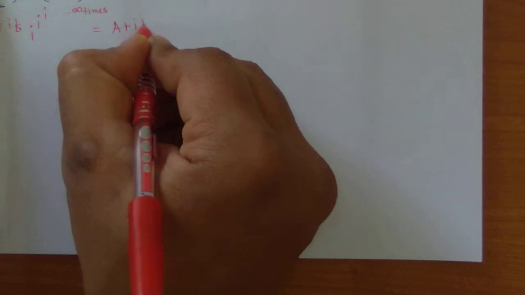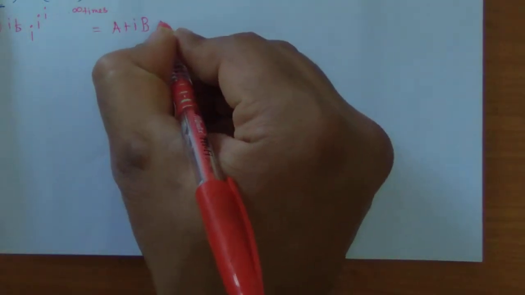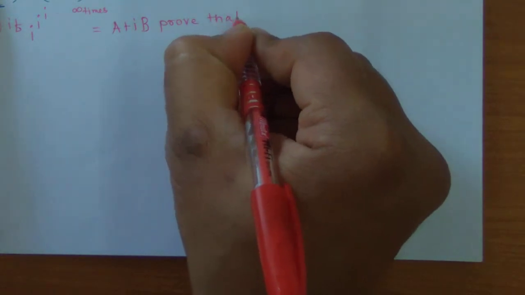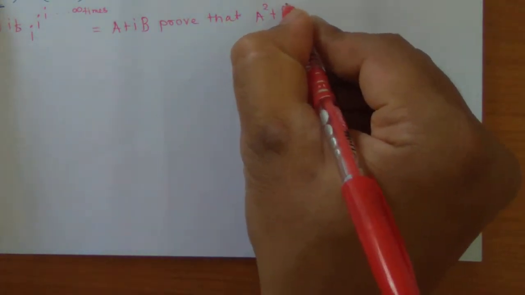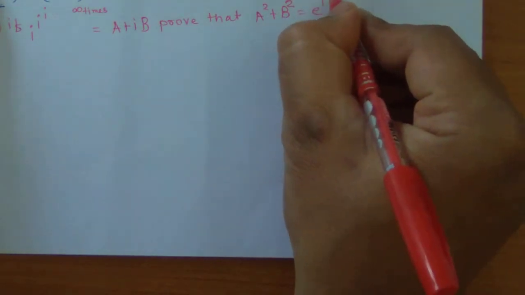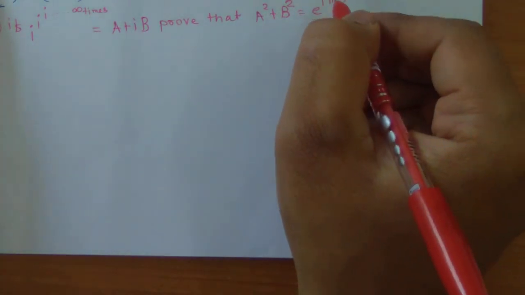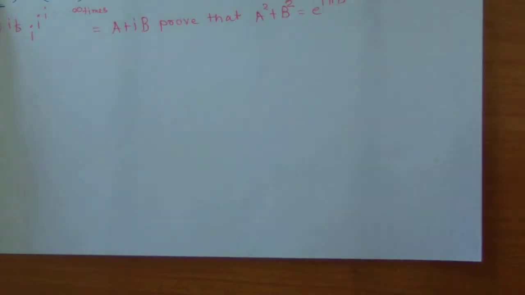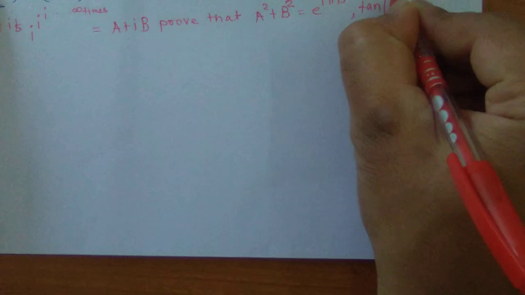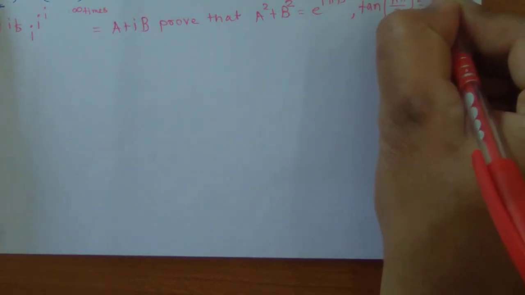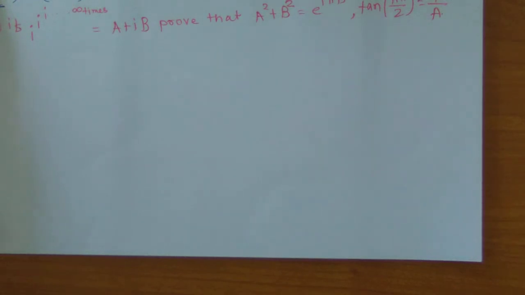The example is, if i raised to i and so on up to infinite powers, so we call it infinite times, is equal to some complex number a plus ib, then prove that a square plus b square is equal to e raised to minus pi times b, and tan of a times pi by 2 is equal to b by a. This we have to prove.